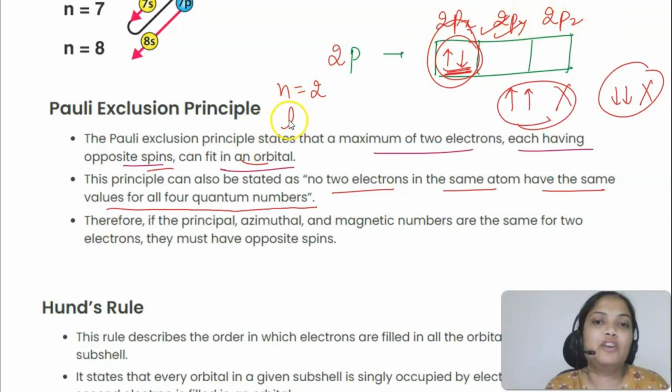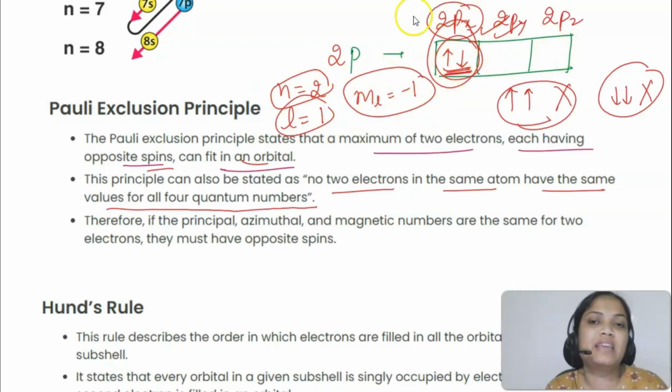The value of l is 1. It's the same. The value of ml is also the same, let's say it's -1, 0 and +1. So it's -1 because both of them are in the same orbital, 2px. Now the value of ms, the fourth quantum number, cannot be the same. So it's plus half for one electron and minus half for the other electron.